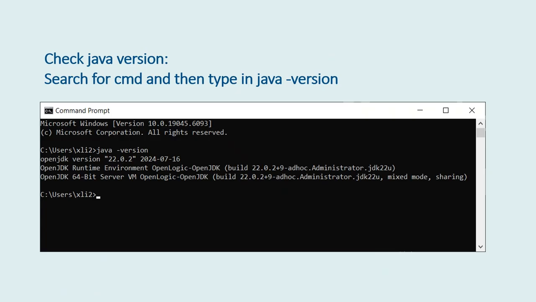Java Runtime Environment (JRE) is required for running the Landyne software suite. To test the availability of JRE on your PC, type java -version. Here it shows OpenJDK version 22.0.2+9.